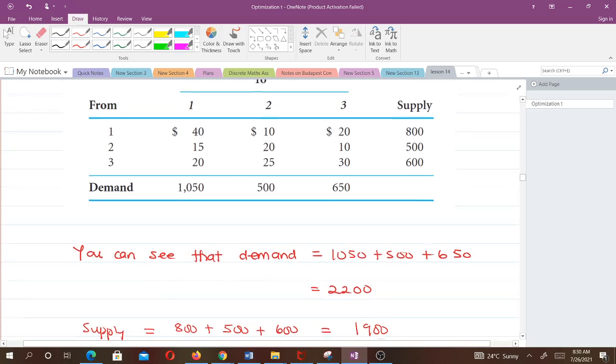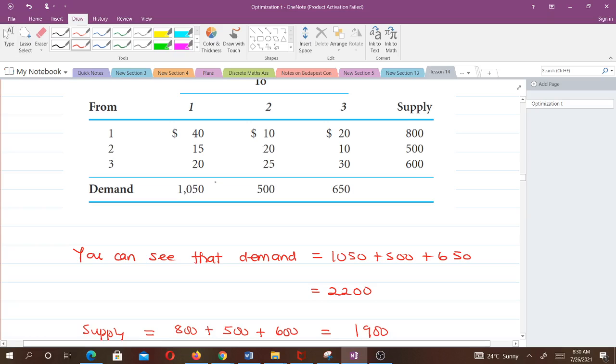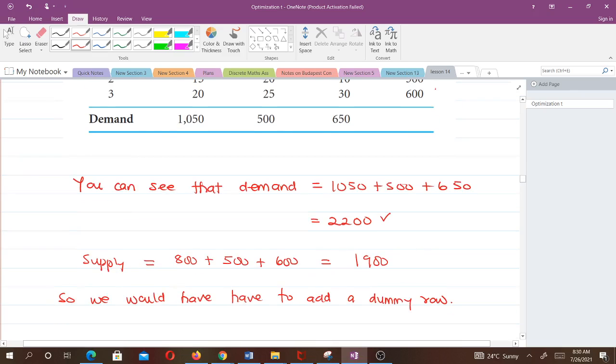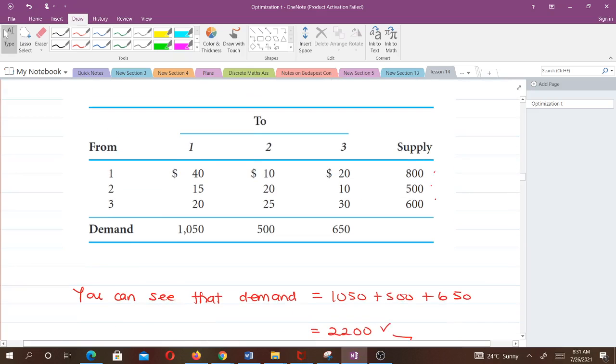When you add the demand, 1050 plus 500 plus 650, you get 2200. When you add all the supply, 800, 500, 600, it gives you 1900. They are not equal and the demand exceeds supply, so this question is unbalanced.